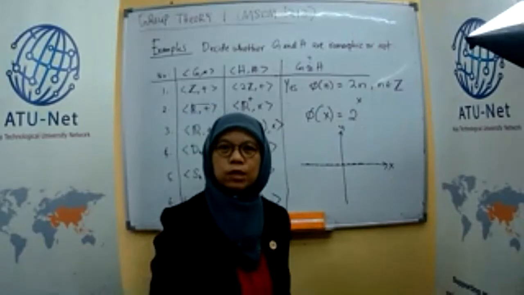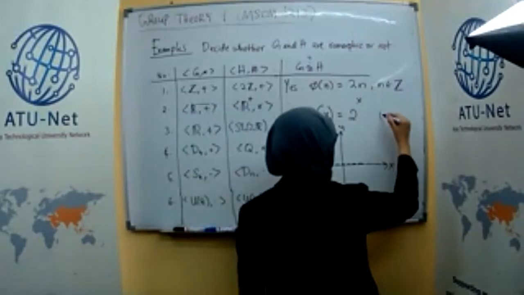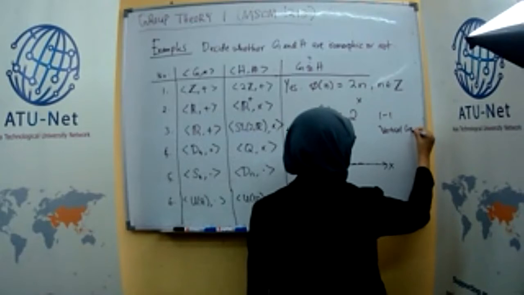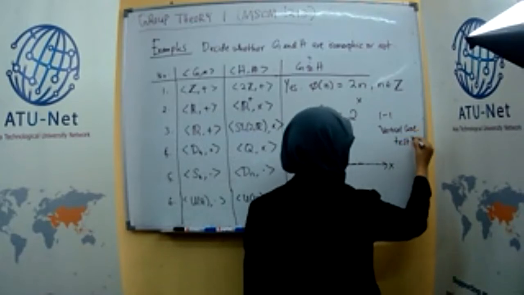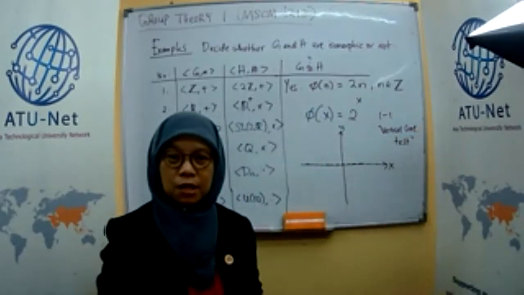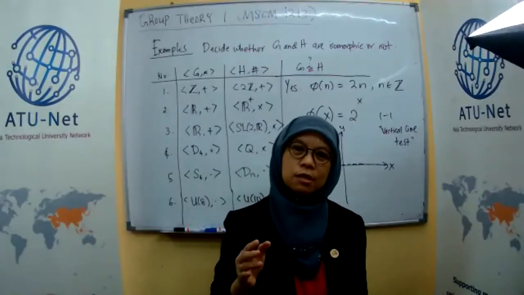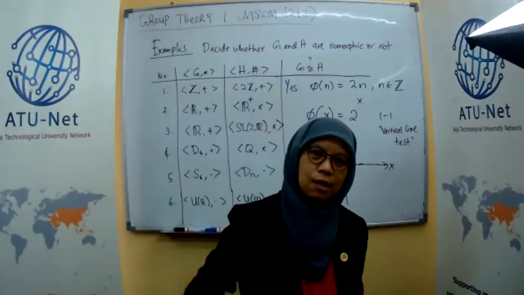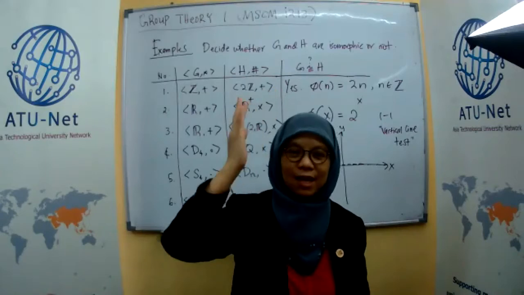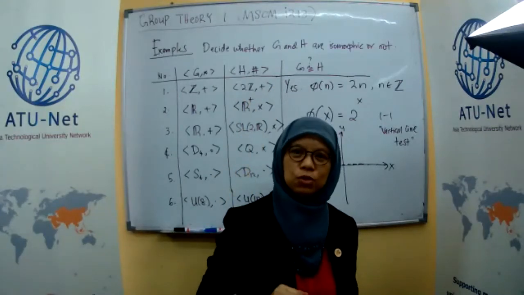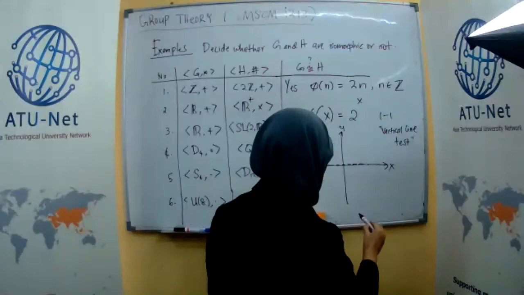One-to-one means we can use the vertical line test. Meaning, when you draw a continuous function and draw a vertical line, it will intersect at only one place. That is one-to-one. Like this.